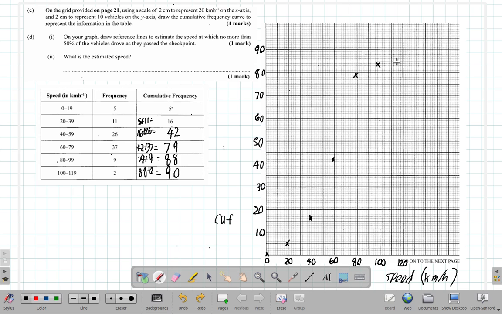Then I have a height of 90, so it's right along the 90 line. Where did I put my point a while ago? I missed my mark a while ago. Should have been close to 100. It's above 100 and close to 90.